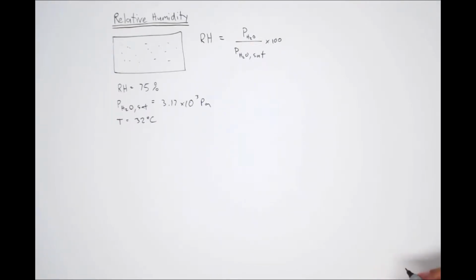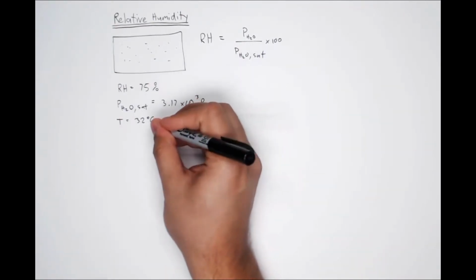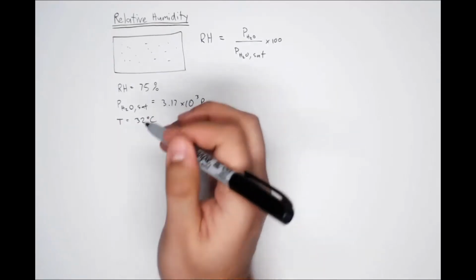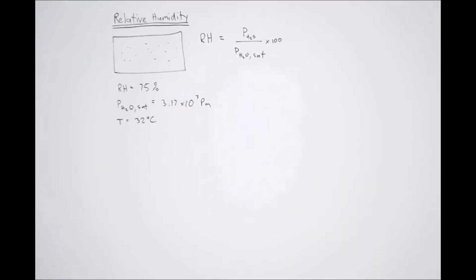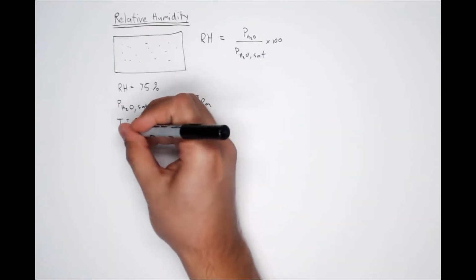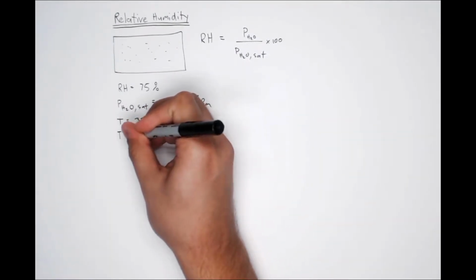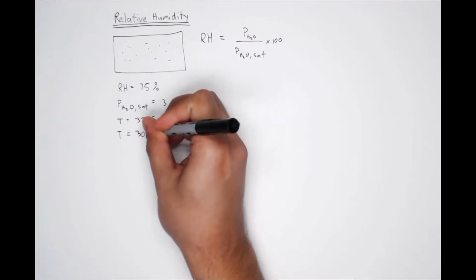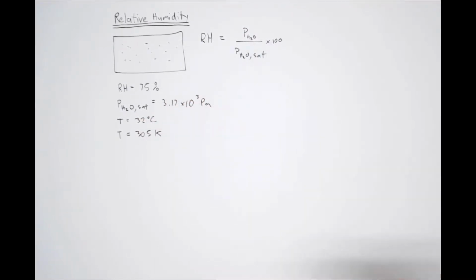We should also note that eventually if we want to get the mass of the water, we're going to need to know the number of molecules, and that's ultimately going to be back to the ideal gas law, in which case we're going to need this temperature in Kelvin. So what we need to do is add 273 to this number, and we'll have temperature equal to 305 Kelvin. So let's just have that ready.